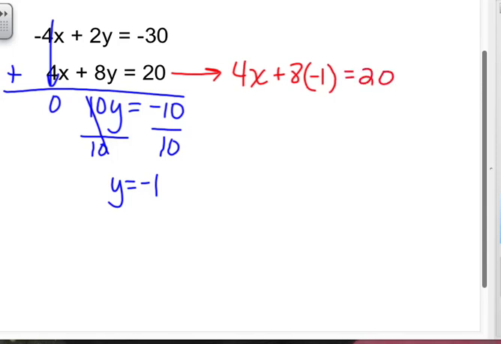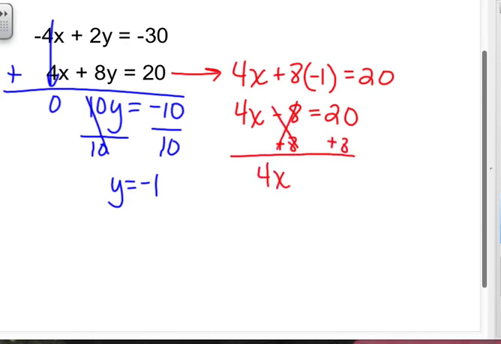Okay, let's solve it. 4x, positive 8 times negative 1 makes negative 8. I need to add 8 to both sides. Now I've got 4x equals 28. Divide by that 4. X is 7.